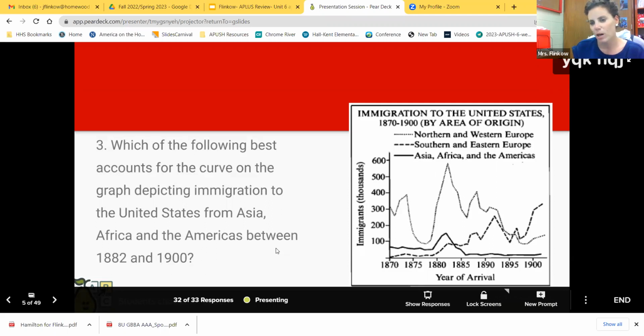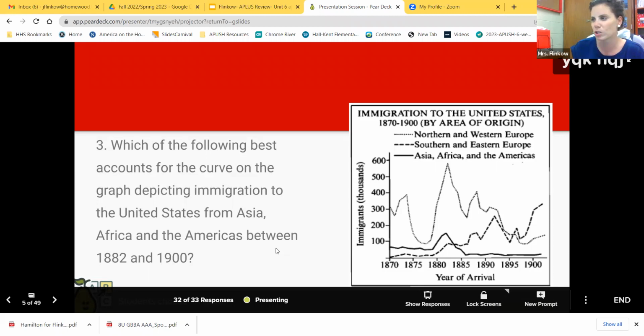And from that point on, there is a drop. Okay, so what you're wanting to know is why was there a drop in immigration from Asia and Africa to the Americas during this time? Okay, and the only answer choice that would answer that is restrictive congressional legislation.